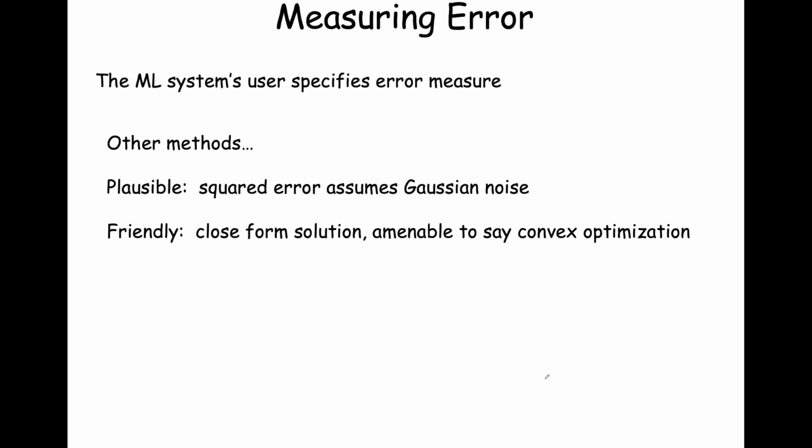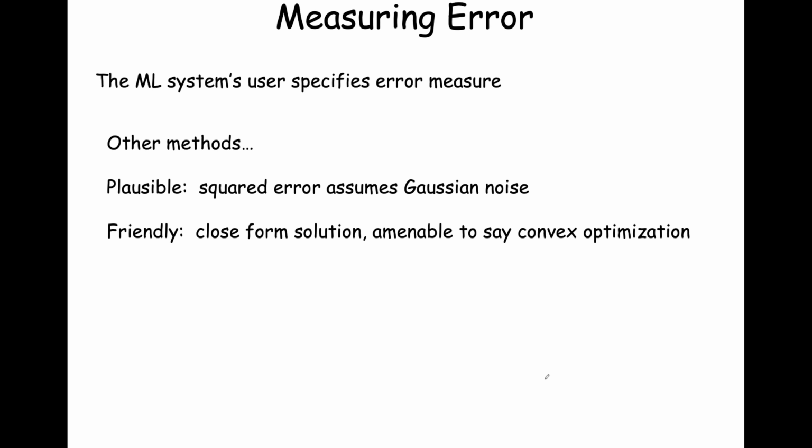Now, of course, there are other methods for determining what your pointwise error should be. In some cases, maybe the error is not easy to craft. And so you might make certain assumptions, things that are plausible, such as squared error, assuming that you have Gaussian noise. And that's just a convenience to say, okay, well, the error is kind of difficult to conceptualize, so let's make this assumption.